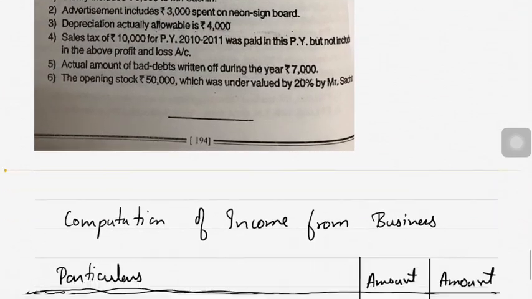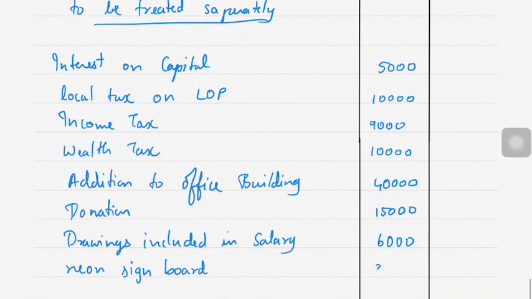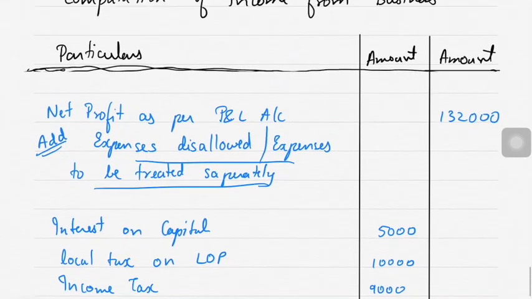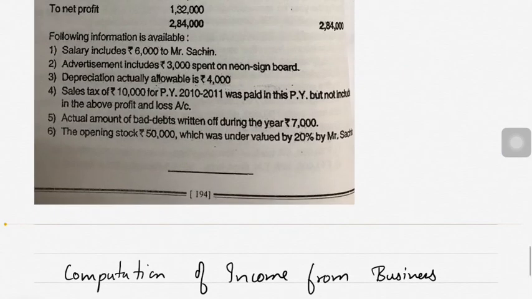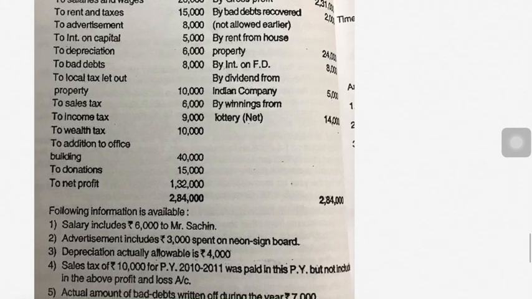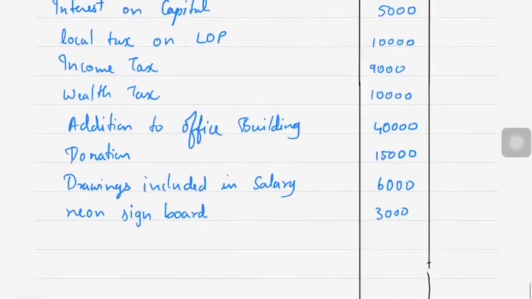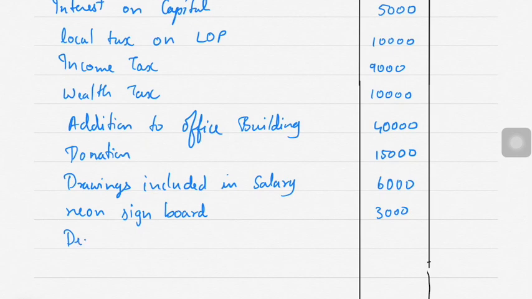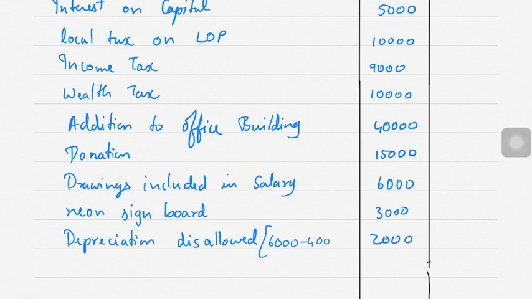Neon signboard is a capital expenditure, so 3,000. Next, depreciation actually allowable is 4,000 and depreciation is shown 6,000. That means 2,000 is disallowed. So depreciation disallowed, 2,000.